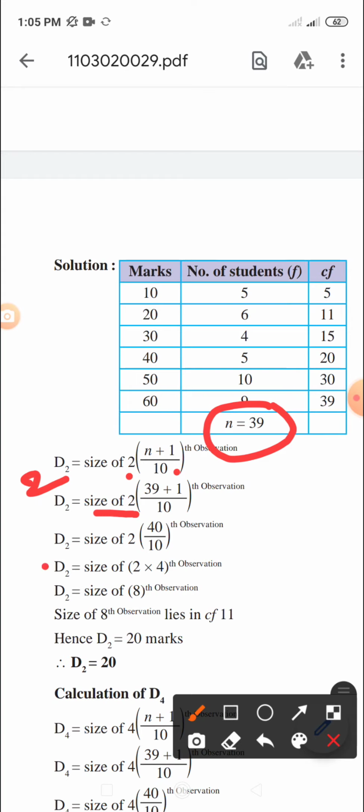Next, D2 is equal to size of 2 into 4 observation. Next, D2 is equal to size of 8th observation.